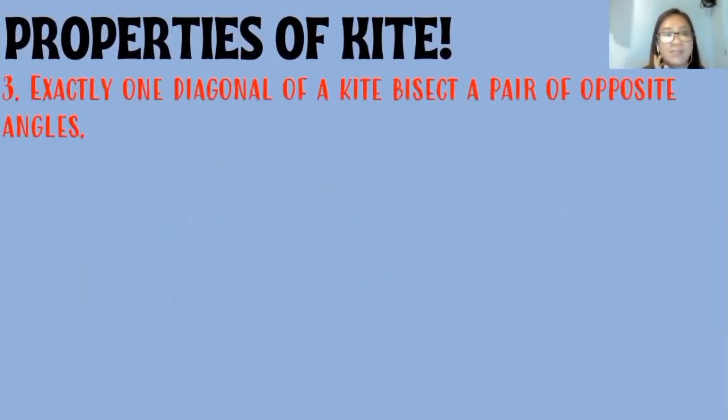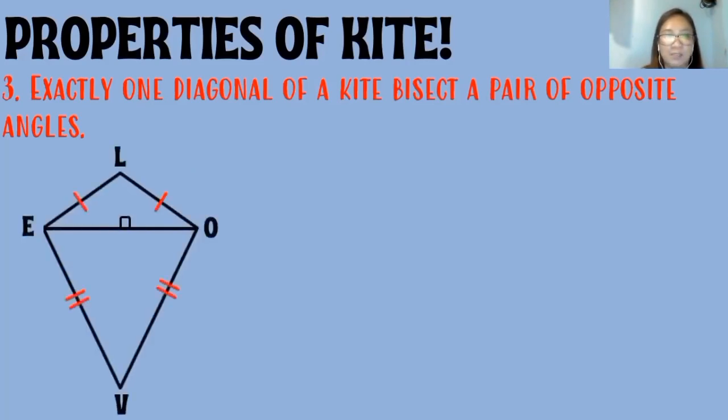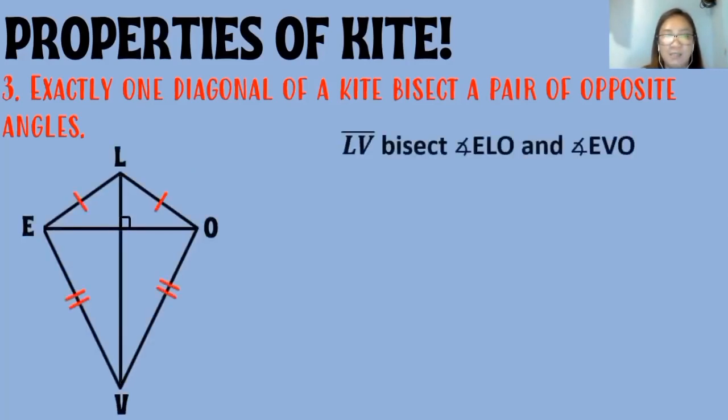Next, exactly one diagonal of a kite bisects a pair of opposite angles. Only one diagonal bisects a pair of opposite angles, meaning when that diagonal intersects those angles, each angle is divided equally into two parts. In this case, segment LV bisects angle ELO and angle EVO.